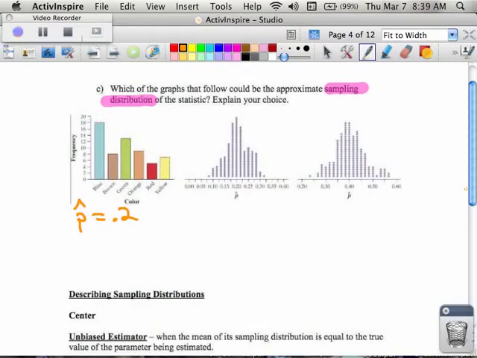Now, out of all these things, John, which one do you think would be the appropriate graph? The second one. Why is that? Because the center is at 0.2. I like that.